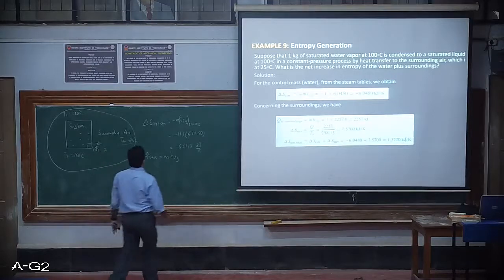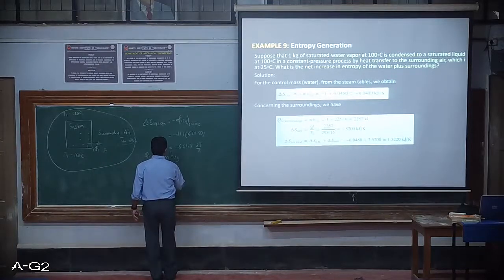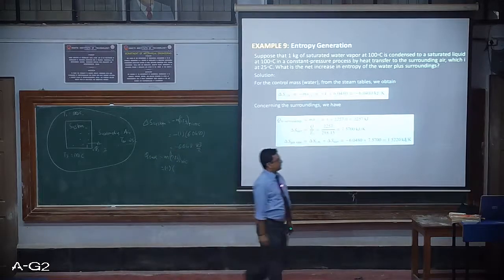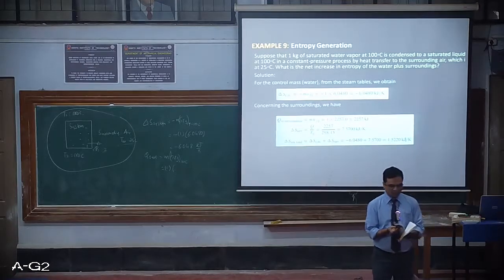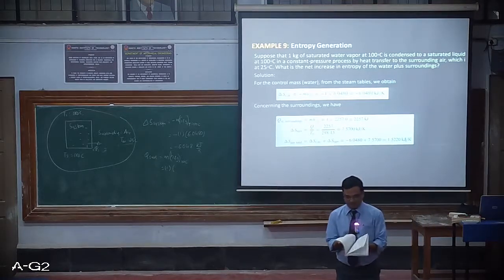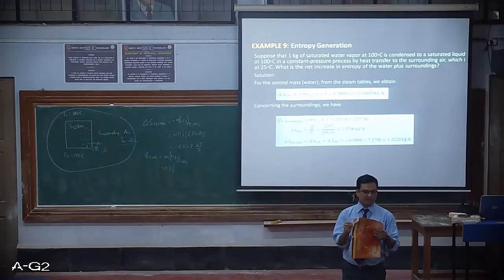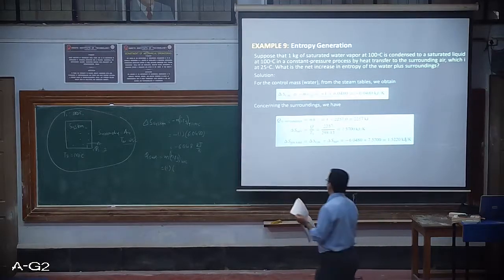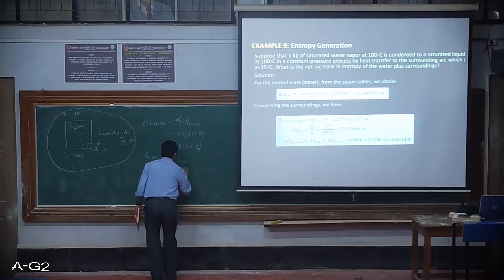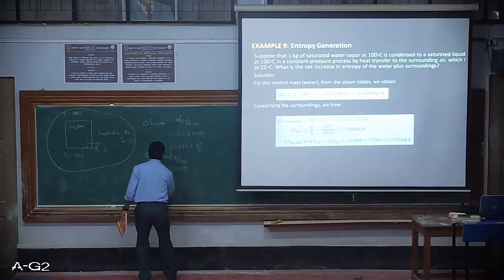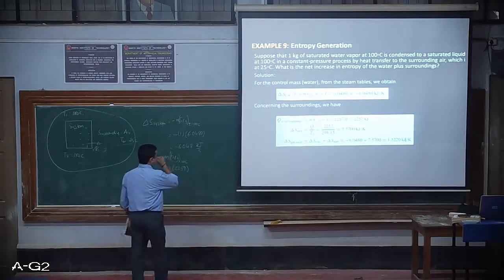Here the value of m is 1, and HFG is again to be calculated for 100 degrees Celsius. Let's find out the value of HFG by going to the same temperature table. The value of HFG is column number 9 for 100 degrees Celsius. It is 2257 kilojoule per kg. So the final answer here is 2257 kilojoules.